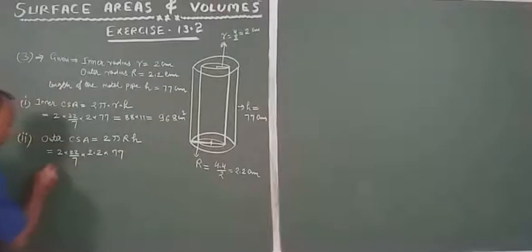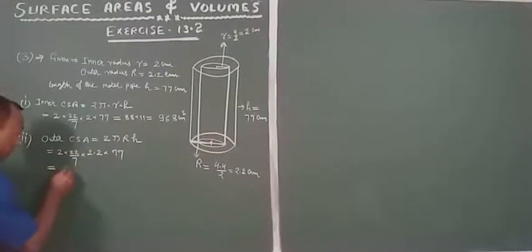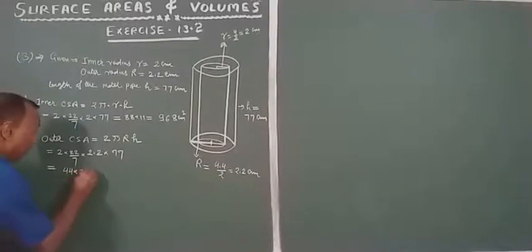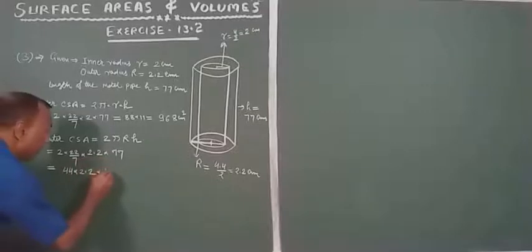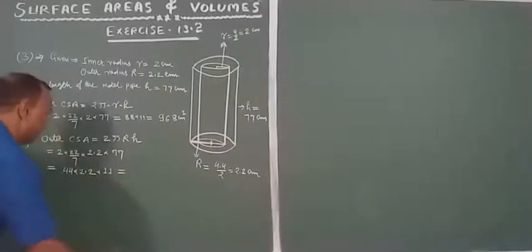Now just look here. 7 into 11, 2 into 22 is 44, into 2.2, and 7 ones are 7. Now just multiply them.